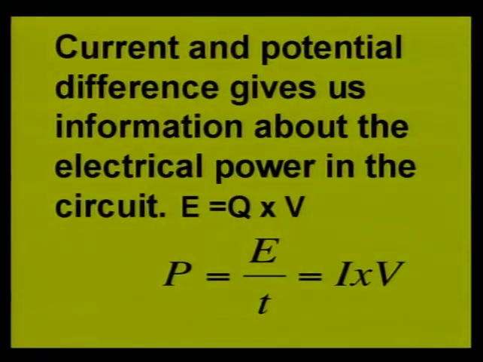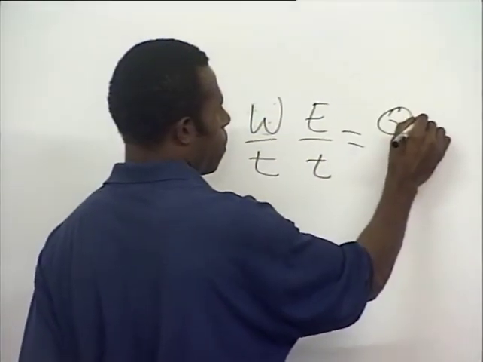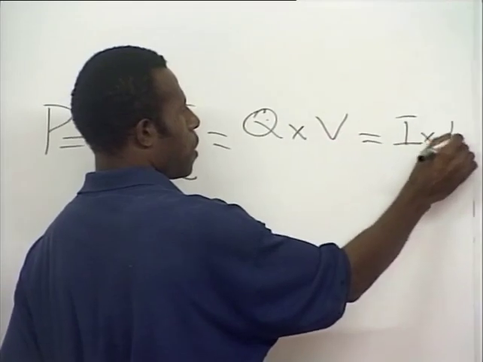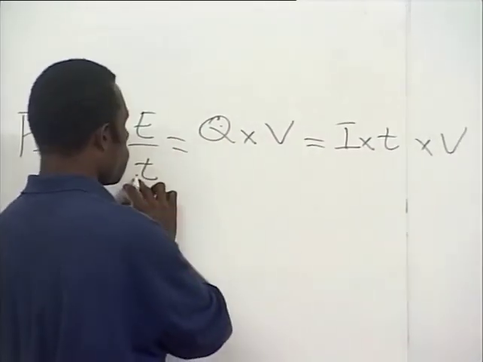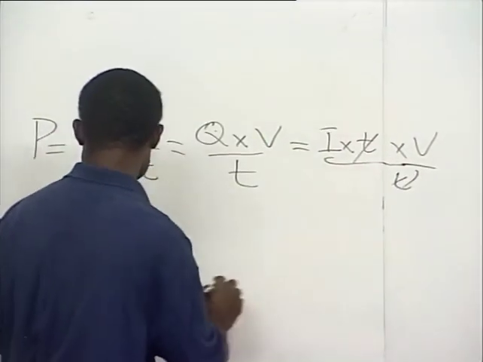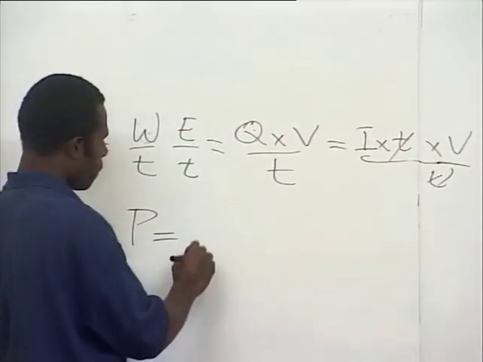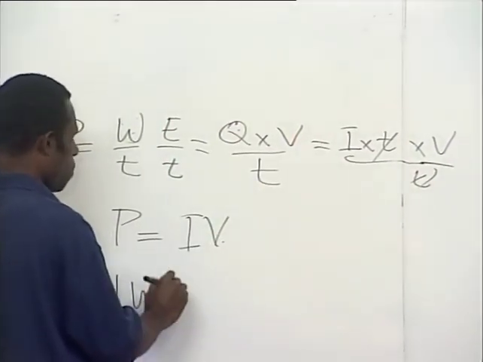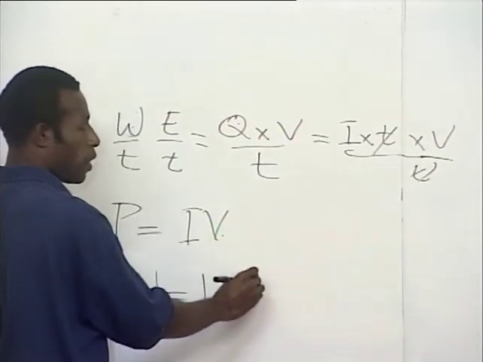Probably when you went through the past lessons, you may have seen that power equals the work over time, and that is energy over time, which equals Q times V, which equals I times T times V. So when you bring this one over, you simply have power equals I times V. So it can be 1 watt equals 1 amp volt.